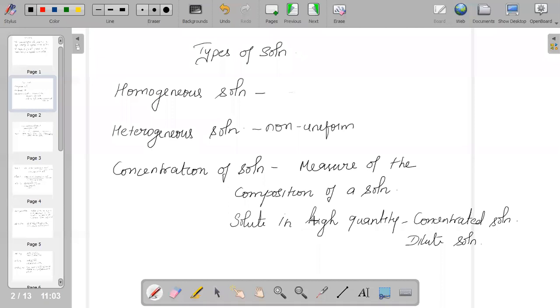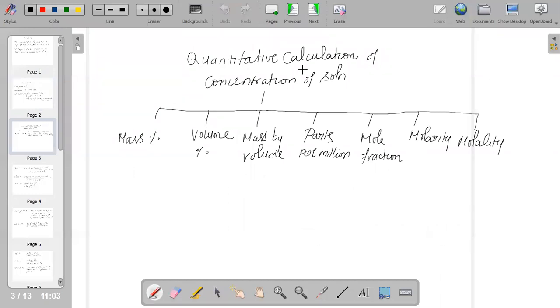So concentrated and dilute, we decide based on the quantity of solute present in it. There are different ways to calculate the concentration of a solution quantitatively.